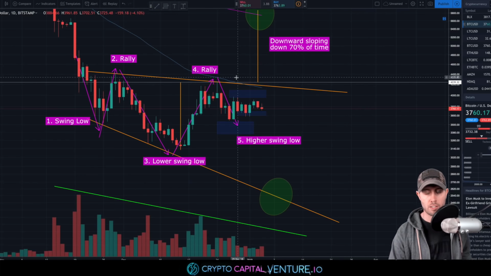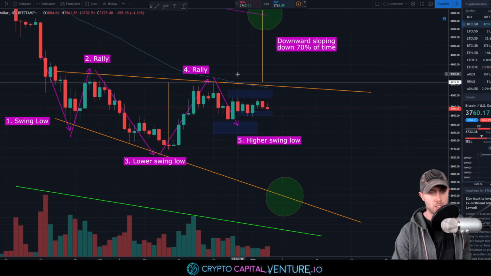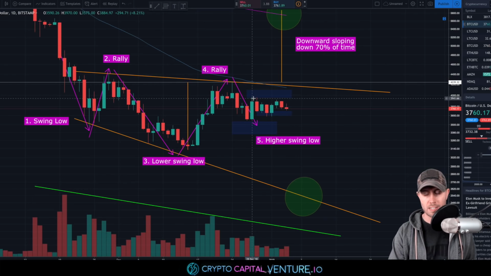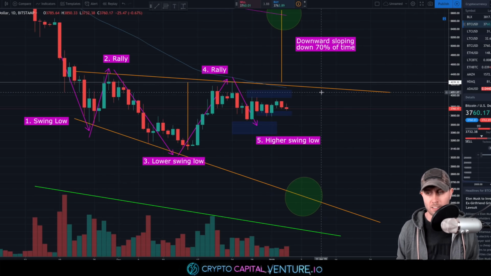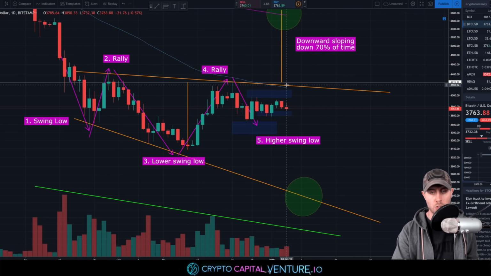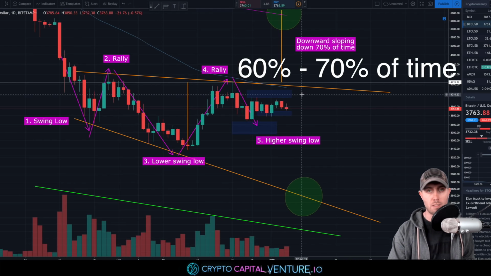Now, I mentioned that there might be some caution found within the current formation. That's basically because the neckline of this inverse head and shoulders is downward sloping. Many analysts believe, based on what has happened in the past in these formations, that a downward sloping neckline in an inverse head and shoulders has a breakdown 70% of the time.